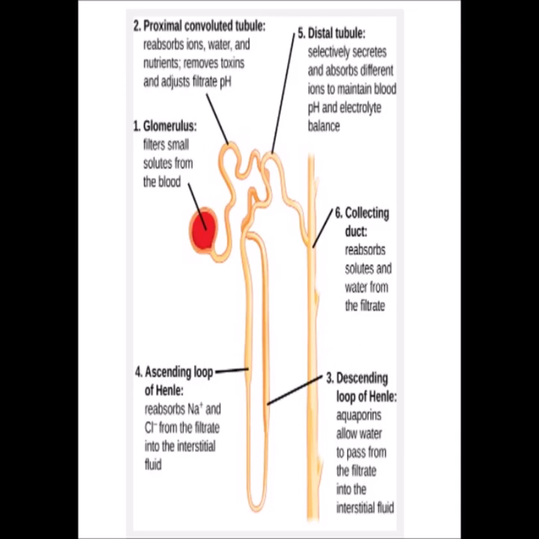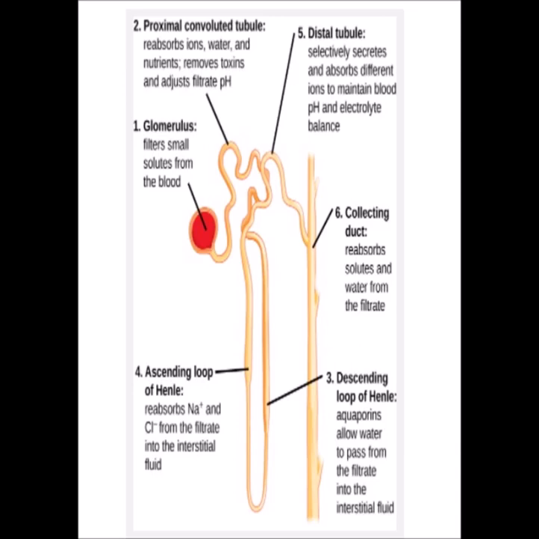Number three in the diagram is the descending loop of Henle, which is lined with cells containing aquaporins that allow water to pass from the filtrate into the interstitial fluids. Then number 4 on the diagram is the ascending loop of Henle.